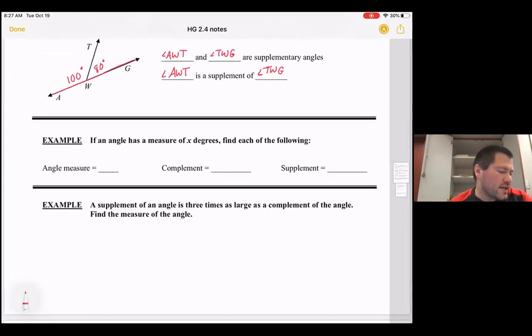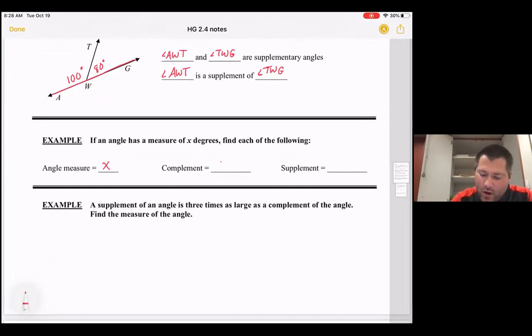Okay, so scrolling down to the examples here, it says, if an angle has a measure of X degrees, find each of the following. So the angle measure is X, right? A complement of that angle, complement means they add up to 90.